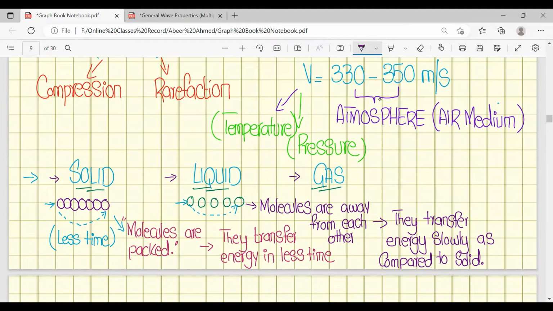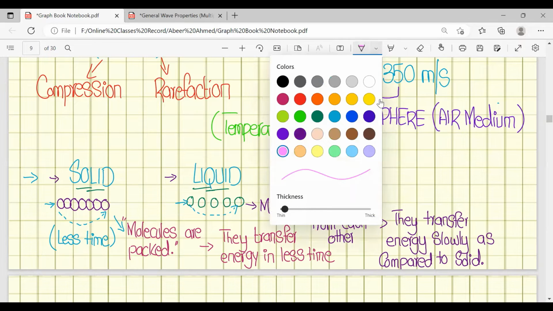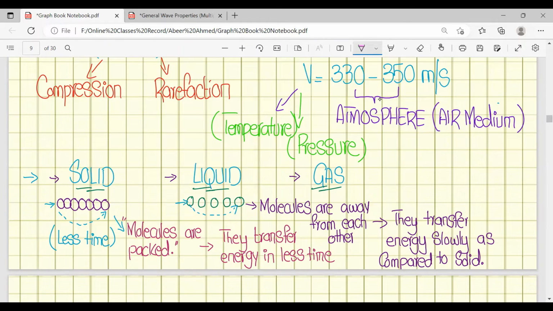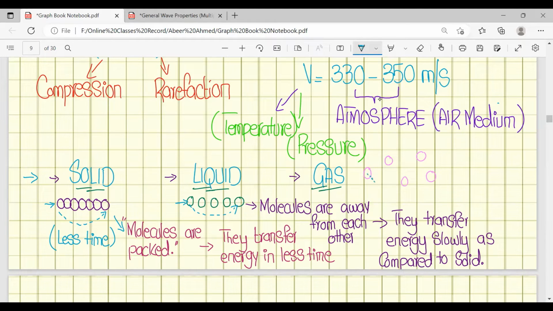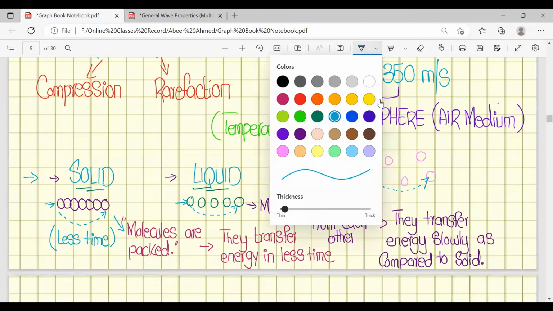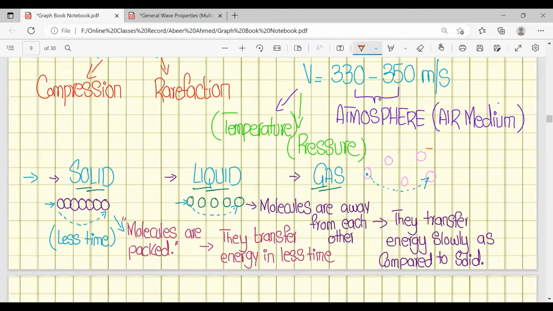They have greater space to travel from one point to another. So in gas, molecules are far away from each other, and if you want to transfer energy from one point to another, it takes greater time as compared to the molecules of liquid, right? Because molecules are away from each other, so they take much time to transfer energy from one point to another.